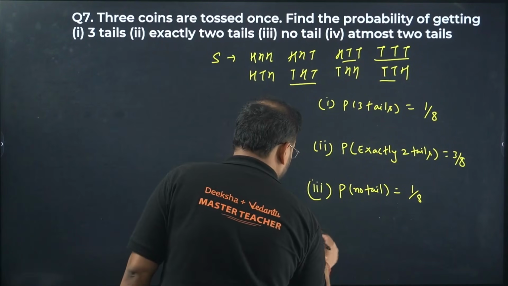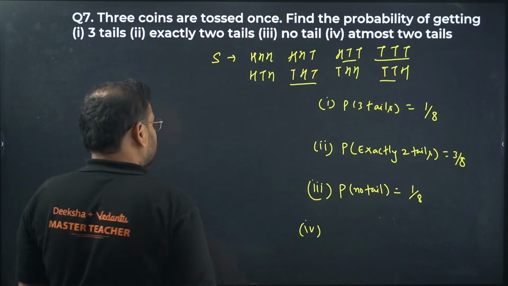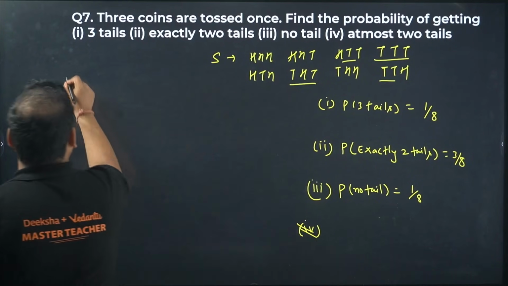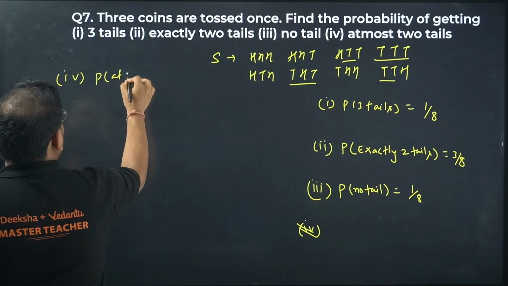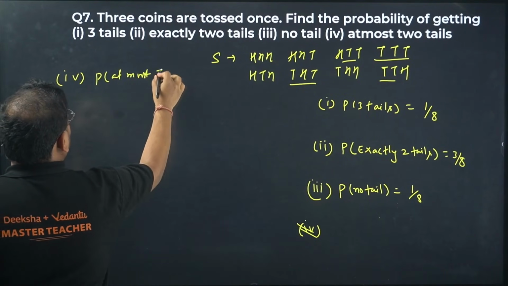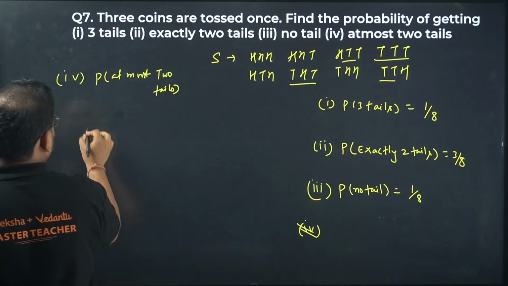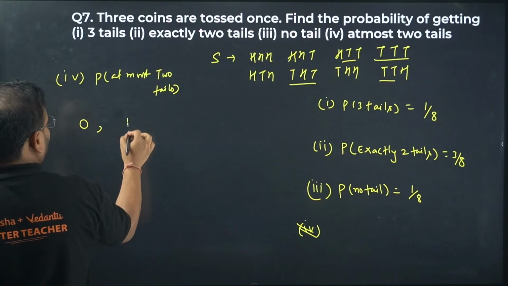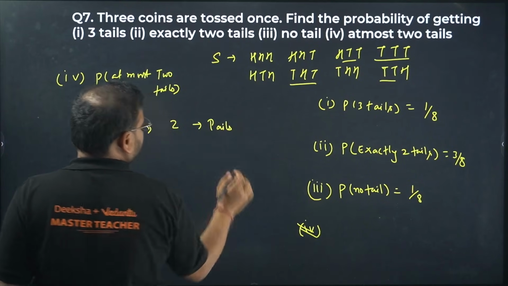Fourth one. At most 2 tails. Maximum of 2. This is a good one. At most 2 means 0, 1 and 2 tails. Correct now?